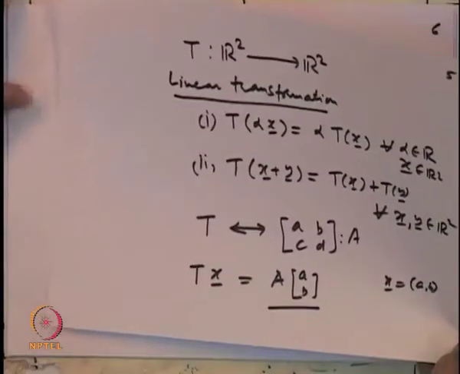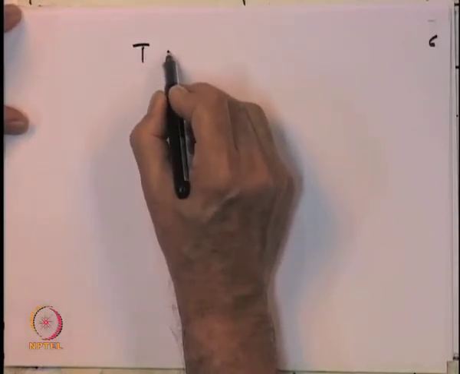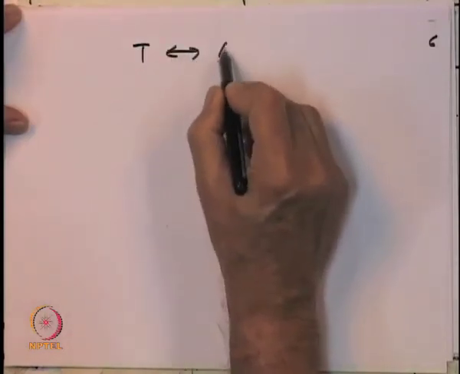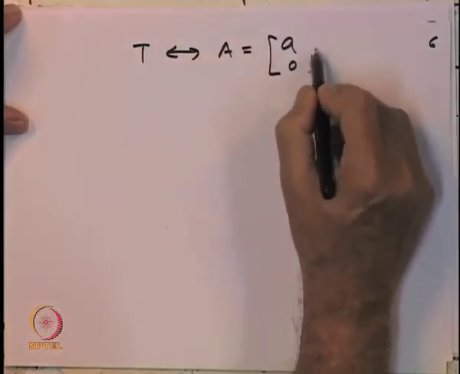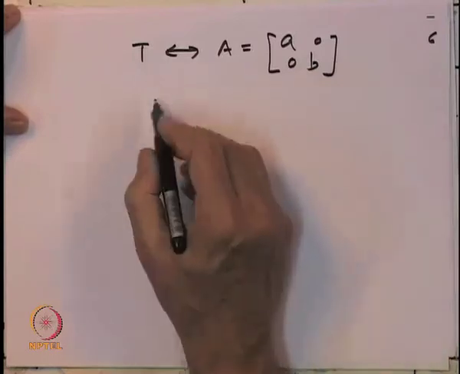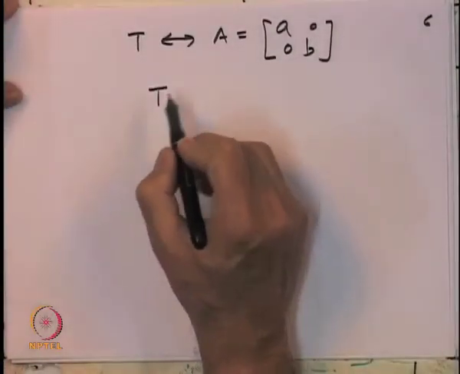Let us look at a special linear transformation T, which comes from a diagonal matrix, with entries A, B and 0, 0 off the diagonal. What is the effect of the linear transformation T?